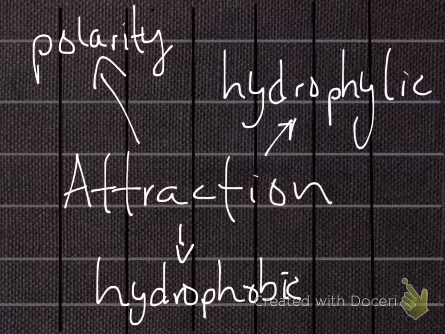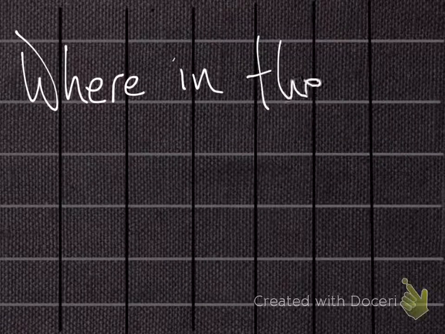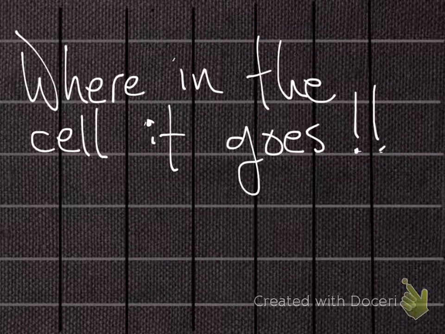So that's kind of where this all leads to. So attraction, polarity, hydrophilic, hydrophobic. So again, that helps us explain where in the cell it goes.